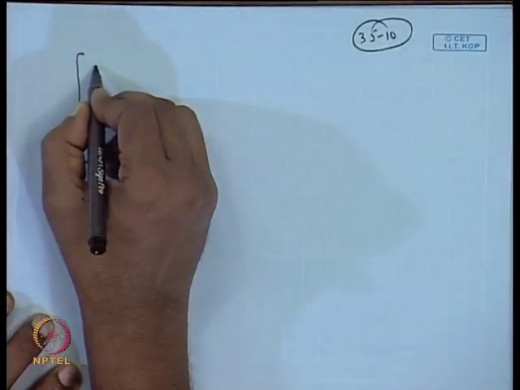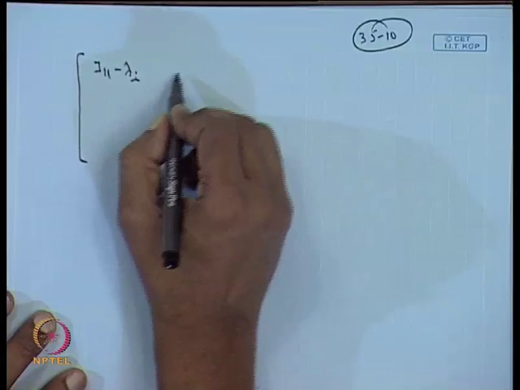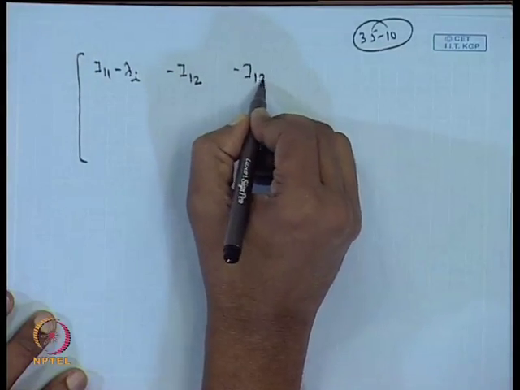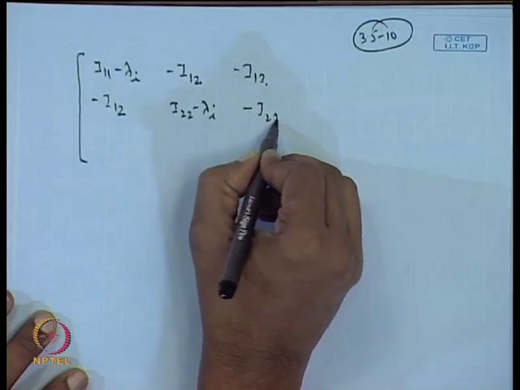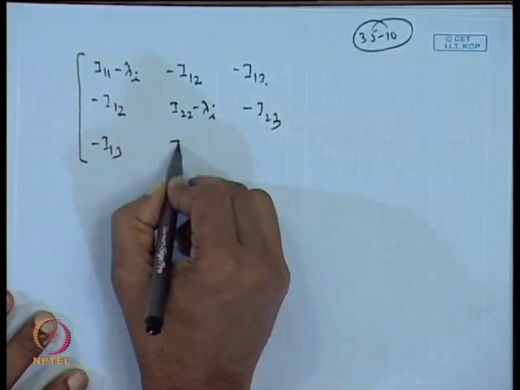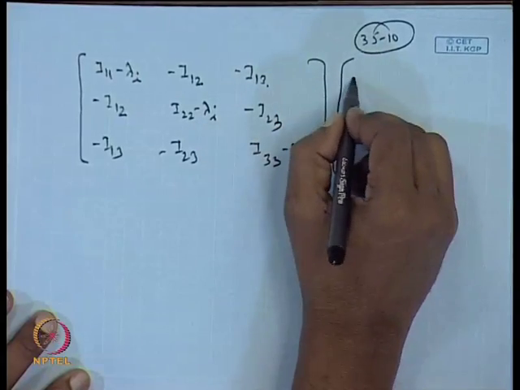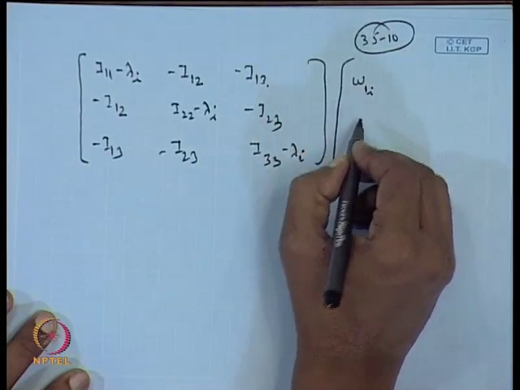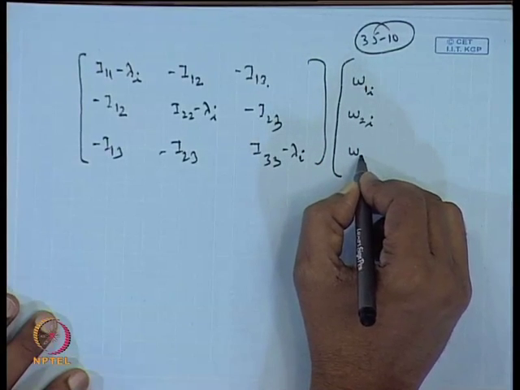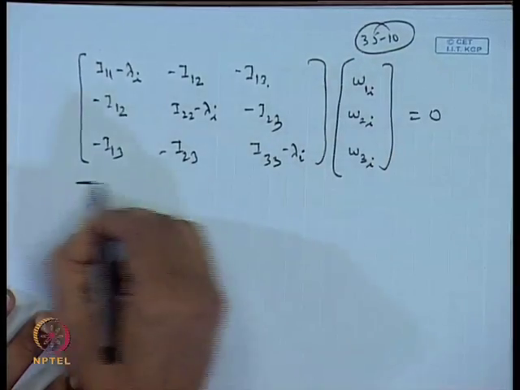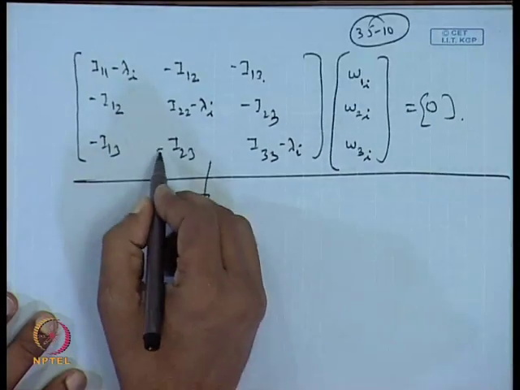So, in this equation that we wrote earlier, I 11 minus lambda, let us put here instead of lambda the lambda I, minus I 12, minus I 13, minus lambda I, minus I 23, and then omega 1 with the subscript I, that is the eigenvector corresponding to the ith eigenvalue. Now, this matrix is singular.